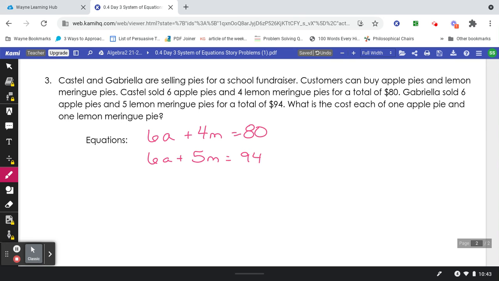The A's are already the same number, so I just need them to be opposite signs. I'll multiply the bottom one by -1. Keep the first equation the same. Change all the ones in the second equation to negatives.